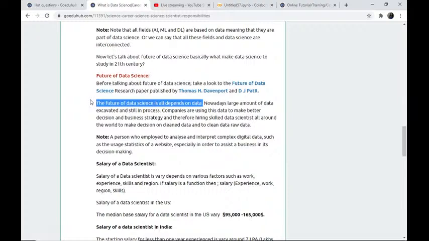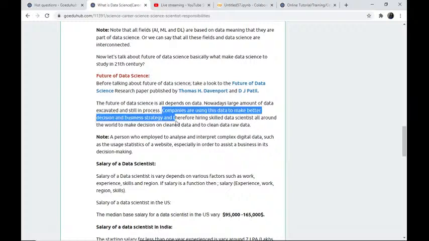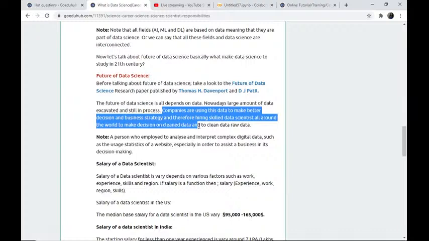Basically, I can say the future of data science is all about data. A large amount of data is available, and still the processing and the analytics are needed. So companies are using this data to make better decisions and business strategies, and therefore they are hiring skilled data scientists all around the world to make decisions on clean data and to clean the raw data.